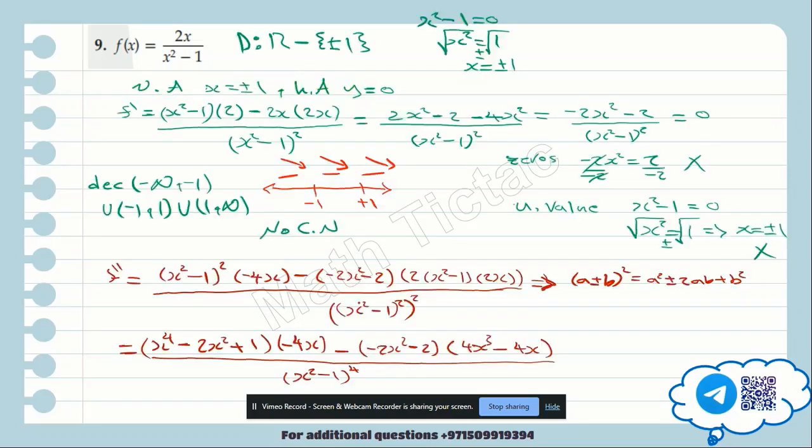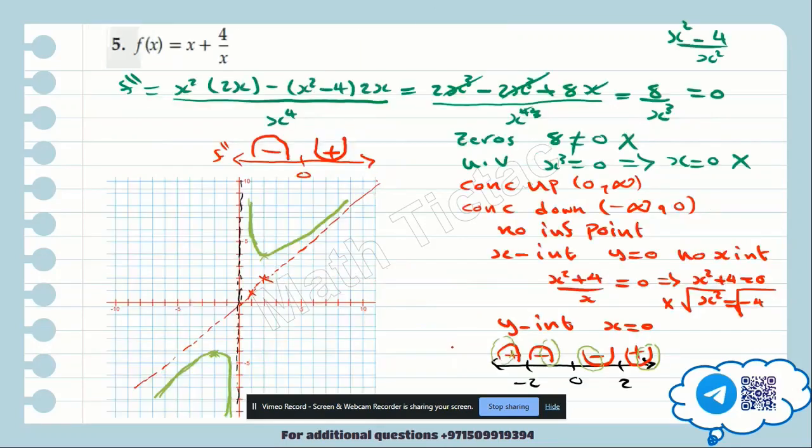Then let's see the second part, which is in here. 4x cubed multiplied by minus 2. Okay, so we can start from here. So minus 2x squared multiplied by 4x cubed. This is minus 8x to the power 5.